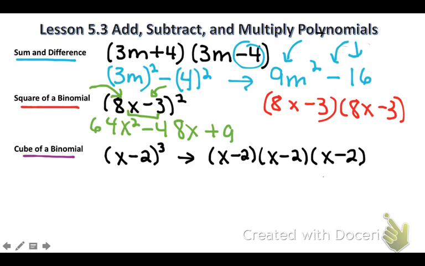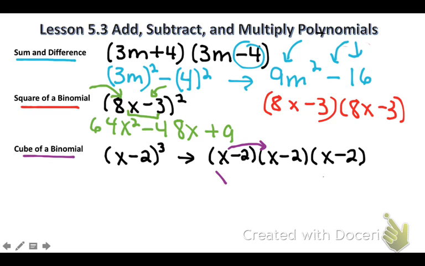Cube of a binomial might be new to you. I think it is new to you. So let's work it out the long way and then examine it and see if we can find a shortcut. So let's multiply the first two binomials.